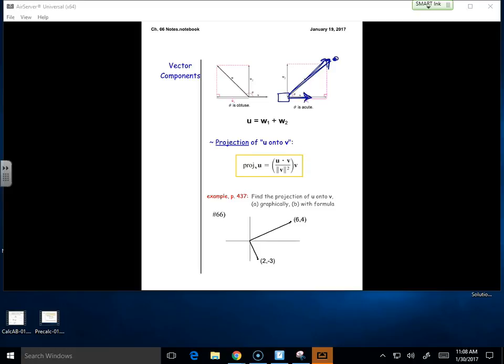This is called projection. Projection is you have some sort of movement or force going on up here, but that's not where the box is going. Your goal isn't to literally pull the box up that way along vector u. Your goal is to let the box be moving along vector v.